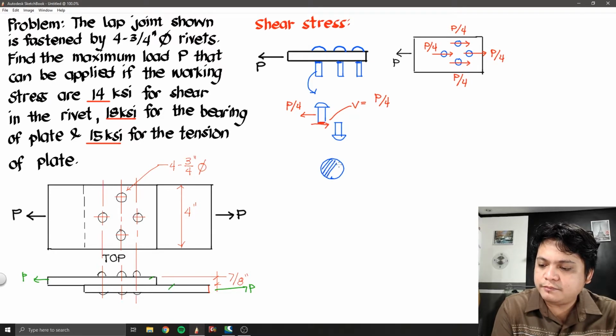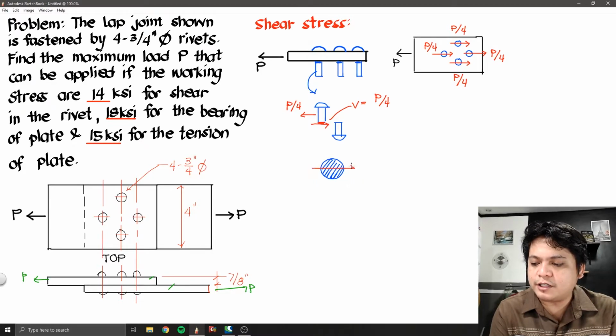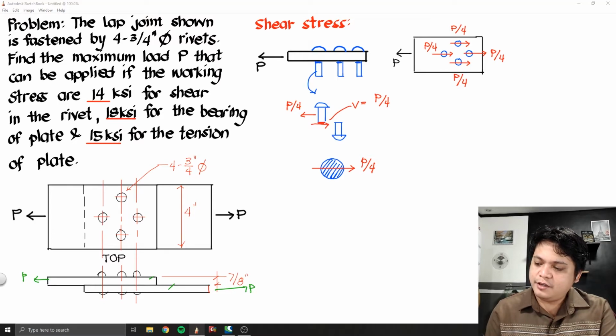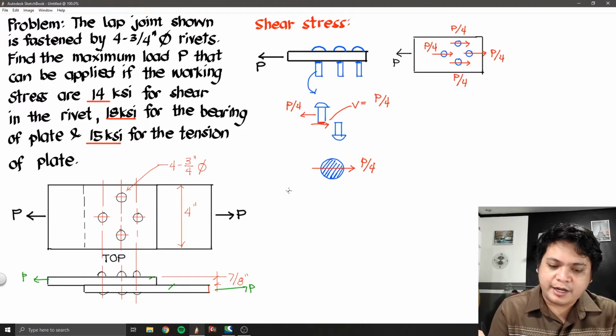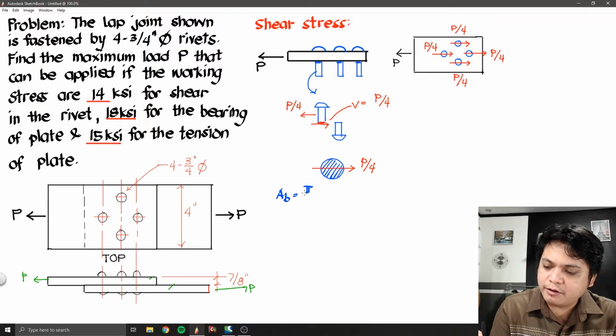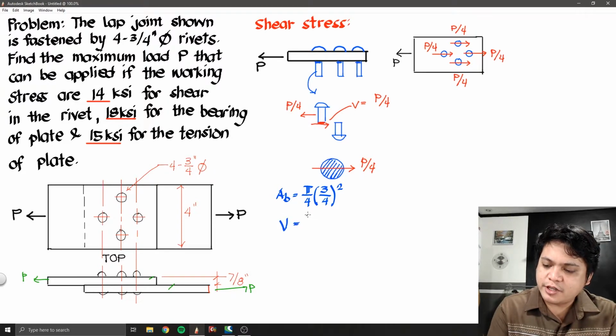So, ayan, nandyan yung P all over 4 natin. So, you will be having here the area. Okay? So, area of bearing is equals to pi all over 4 multiplied by 3/4 squared. Okay? And then, yung ating shearing force, that's around P all over 4.